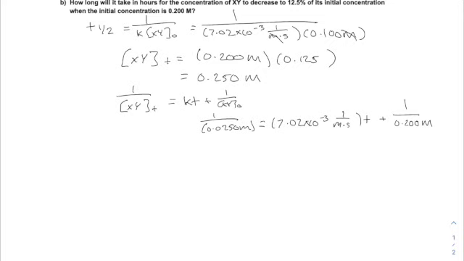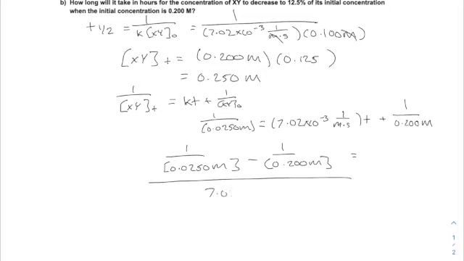So we are going to have to manipulate this equation a bit. So we have 1 over our 0.0250 moles minus 1 over our 0.200 moles, and then we're dividing that by our constant value to get our time.